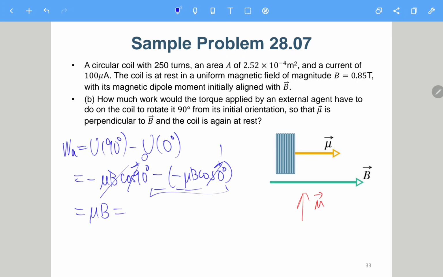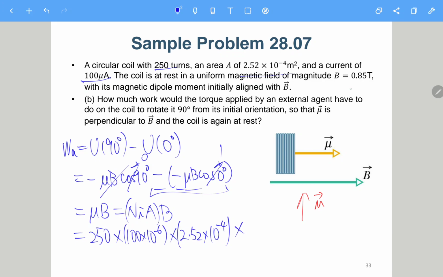So it will be NIA times B, since mu is NIA. That is 250 turns, times I, which is 100 times 10 to the minus 6, times A, which is 2.52 times 10 to the negative 4, times B, 0.85.